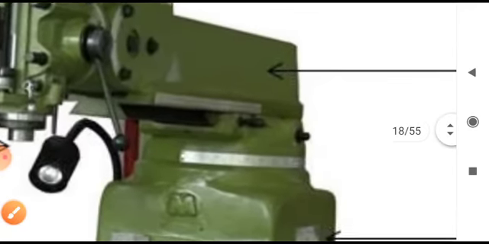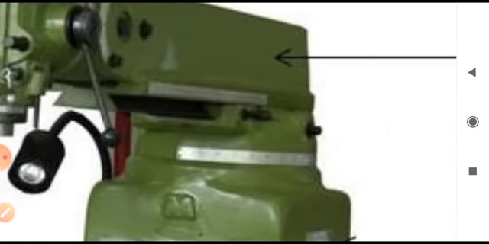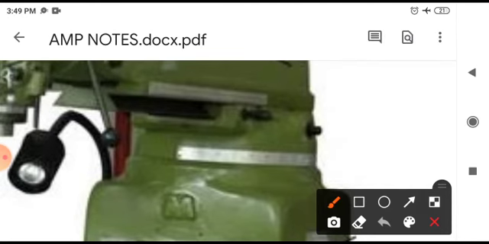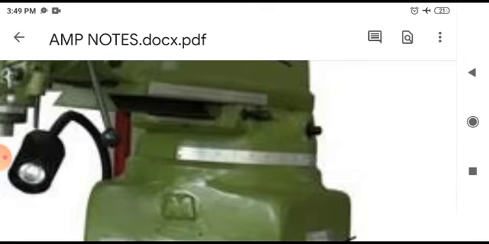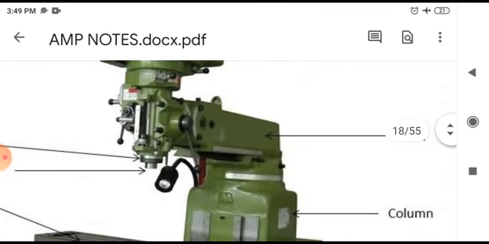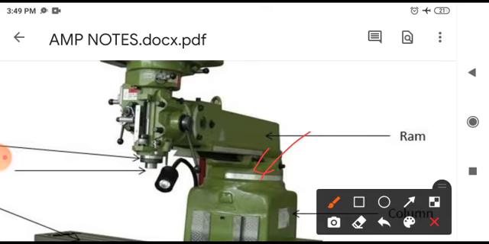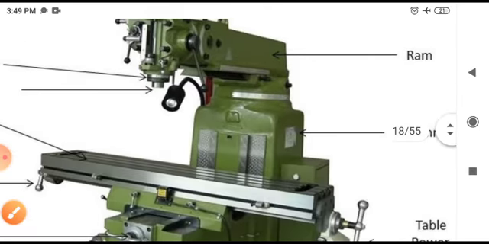A rotary or circular scale is provided there. That means this ram, or the head or overarm of this milling machine, can rotate about the z axis. That means it has 4 degrees of freedom. This is the rotary scale of this milling machine.